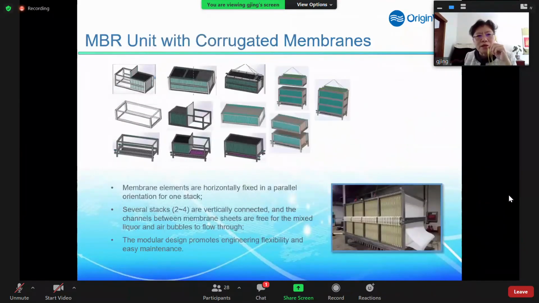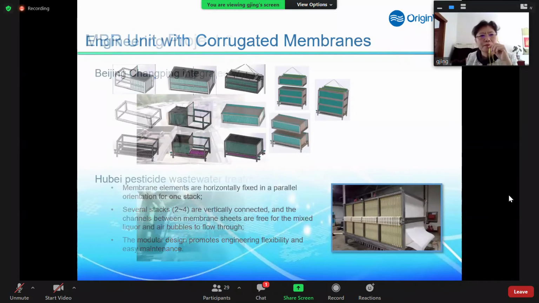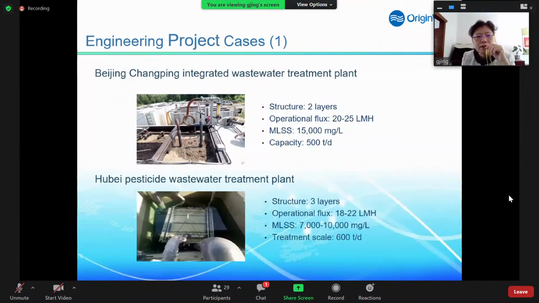It's also flexible to design the MBR unit with corrugated membrane, so we can depend totally on the requirements of different sites, including the weather and treatment site conditions. This membrane unit has been applied in China for different purposes and different treatment plants with different structures, with 2 layers, 3 layers, and also 4 layers.